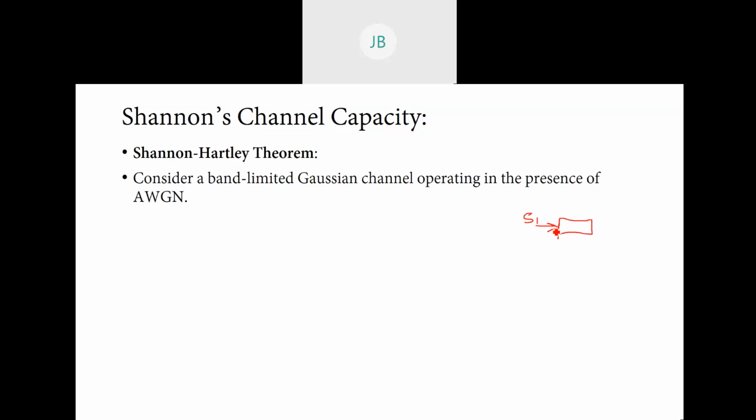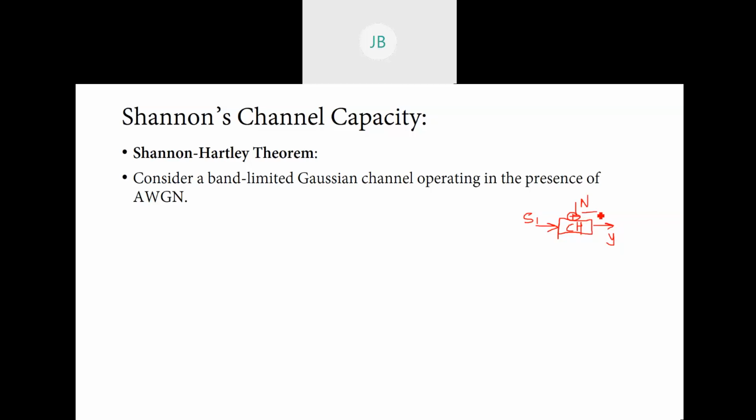So when this information propagates through this channel, always some noise gets added here, and we get some output here that we call Y. The noise added here is En, which will have a Gaussian distribution.